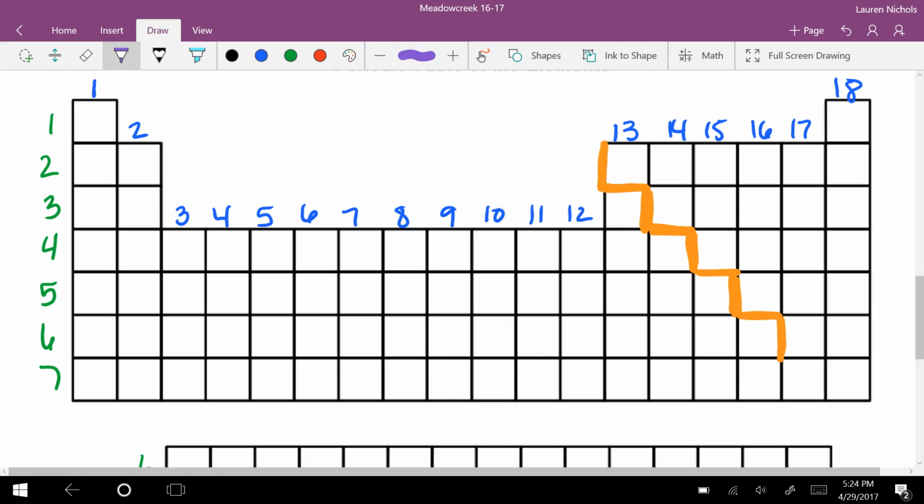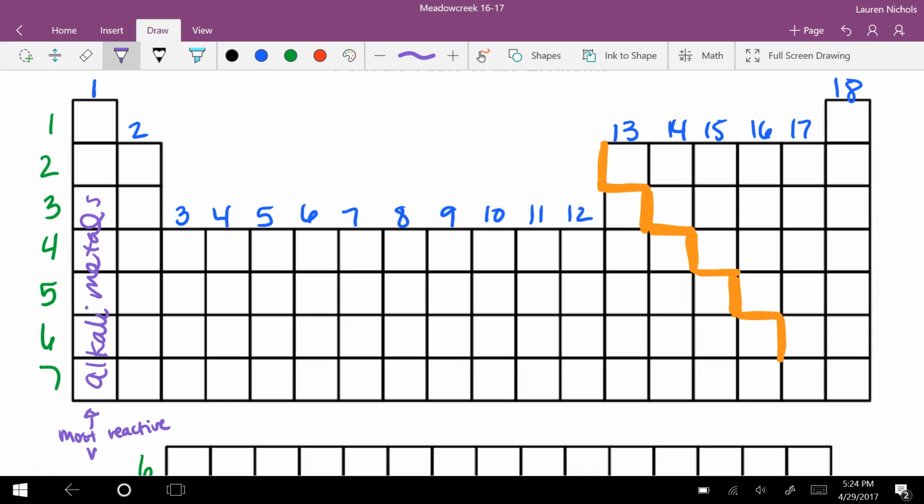So anything in our first group is called the alkali metals. Anything in the alkali metals are the most reactive metals. Very, very reactive.